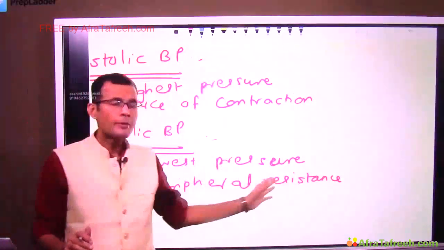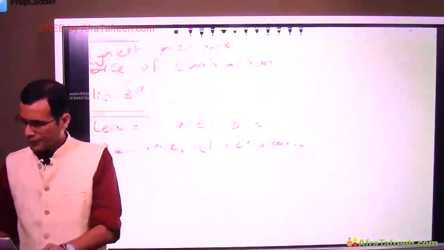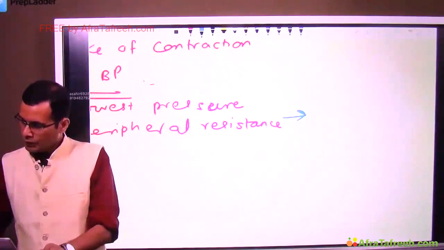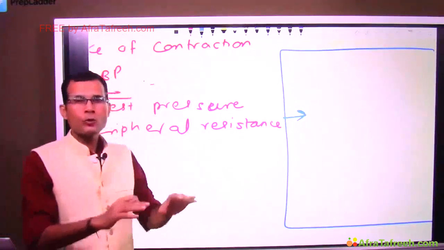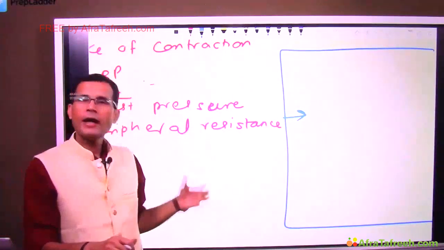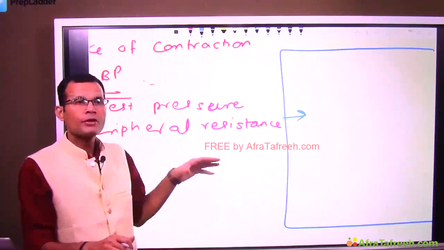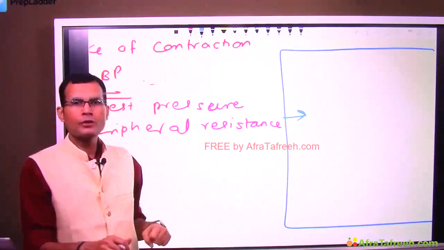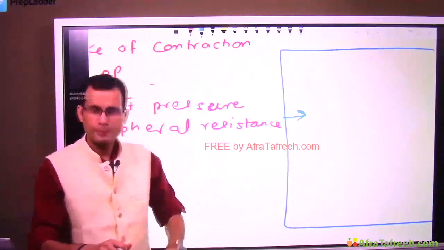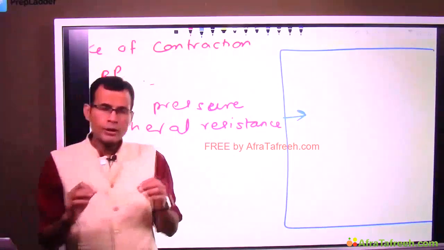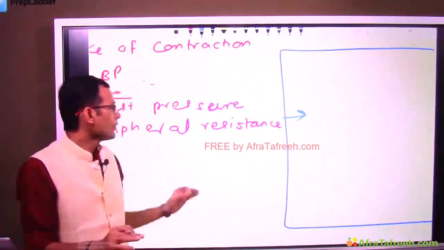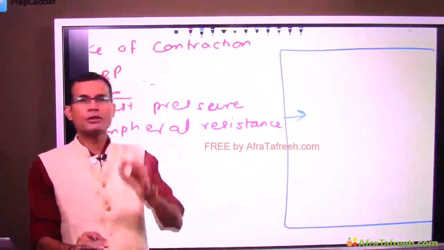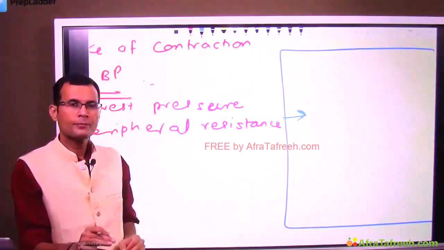One more dimension should be added here, and that is about the peripheral resistance. Look, when we say total peripheral resistance, it is just the addition of the resistances in different vascular beds, in different organs. Okay. But which tissue or organ is the greatest contributor to the peripheral resistance?